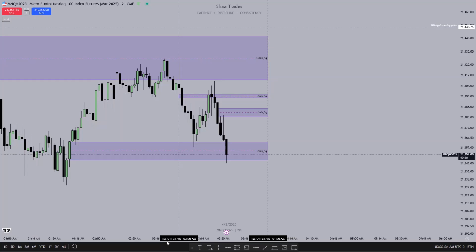So now it's just a waiting game, just being patient, waiting and being patient to see if price wants to give us what we're looking for in the chart.